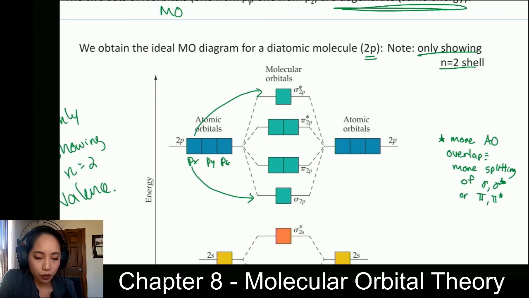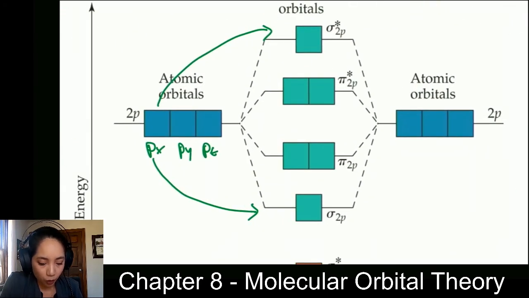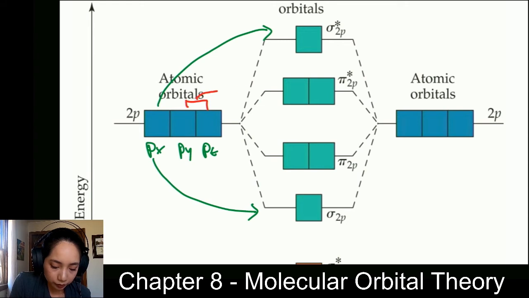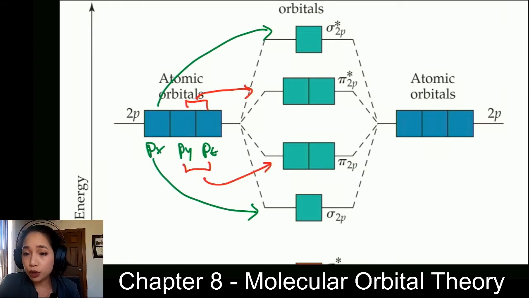That's what we see here with our py and pz orbitals. We see the splitting here. And like I said, those two pi interactions, the ones going like this and like this, are the same energy. They're just in different planes of the molecule. So the pi interactions between the py and pz are degenerate.